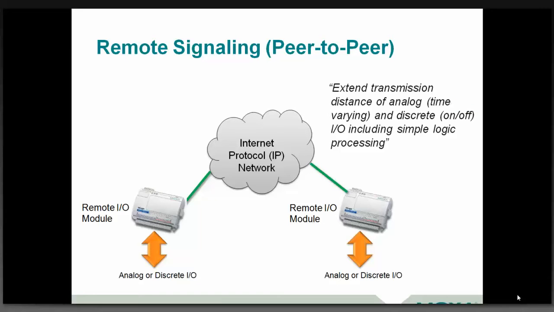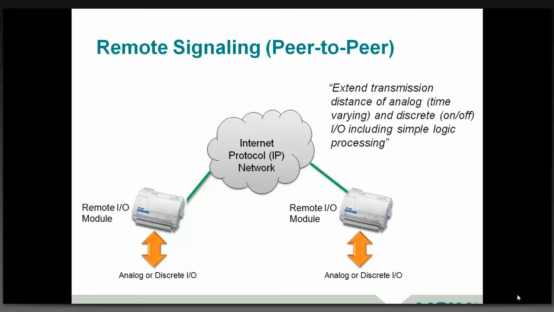And we're talking about a real inexpensive I/O module that you can have these guys point to one another to mirror that signal across your IP network and do some really simple things. And we're talking about something you could set up in a matter of a couple hours once you know the infrastructure you want to use for that. So really interesting technology.